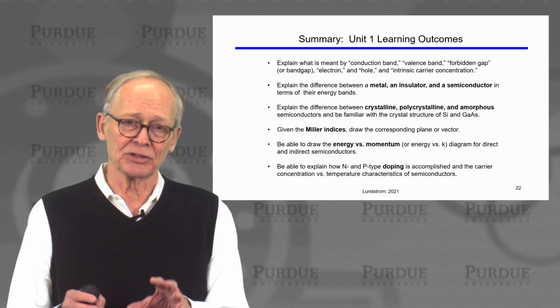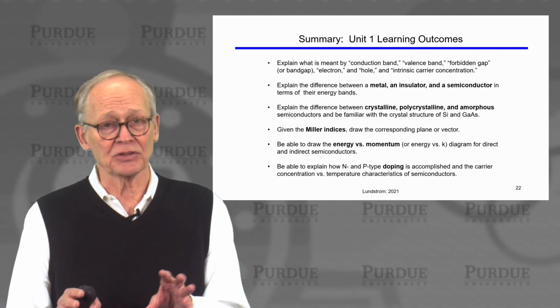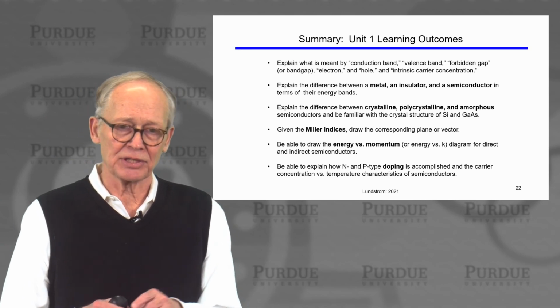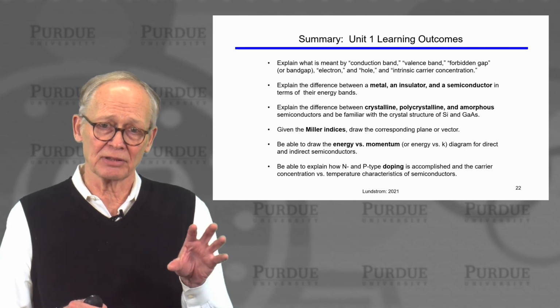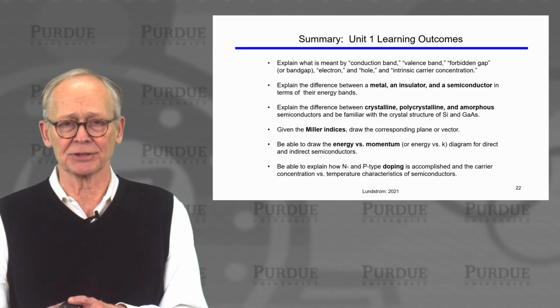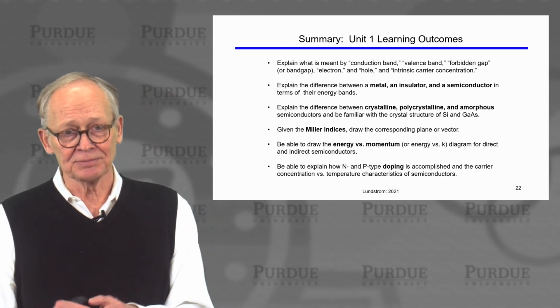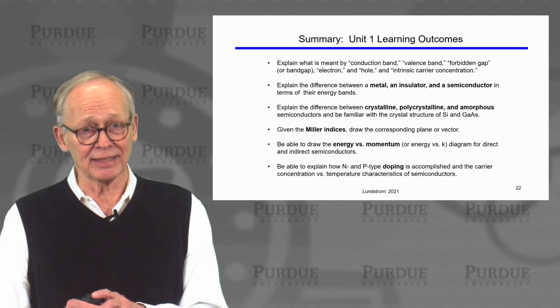And then finally, be sure you have a good, solid understanding of doping, how it is accomplished, and how the electron concentration or hole concentration varies with temperature as we go from very low temperatures to very high temperatures. So if you have a good, solid understanding of these concepts, you're ready for the rest of the course. And we'll discuss those topics beginning in Lecture 2.